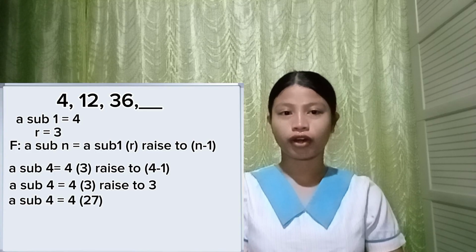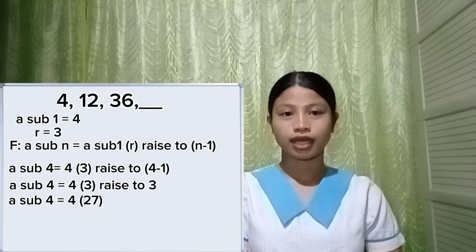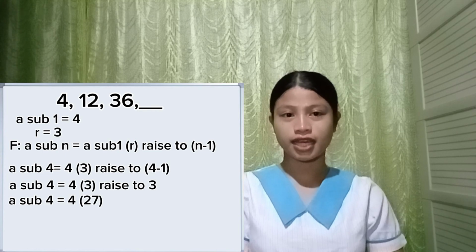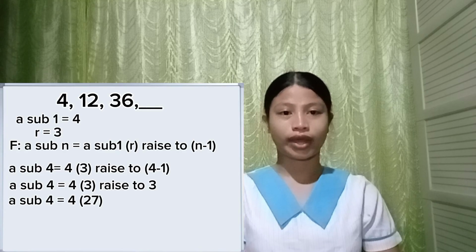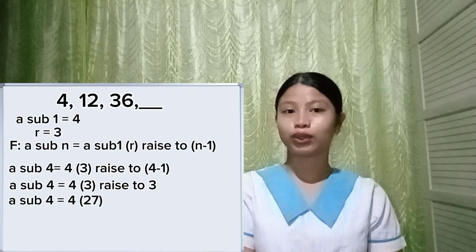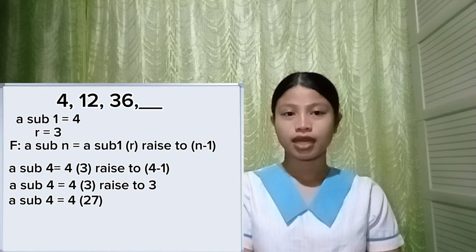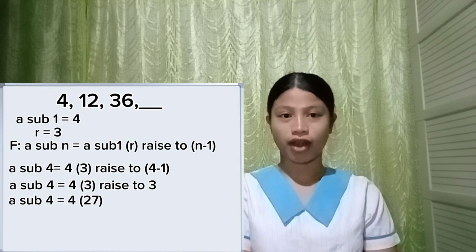So a sub 4 is equal to 4 times 3 raised to 3, which is 27. 3 times 3 times 3 is equal to 27, right?